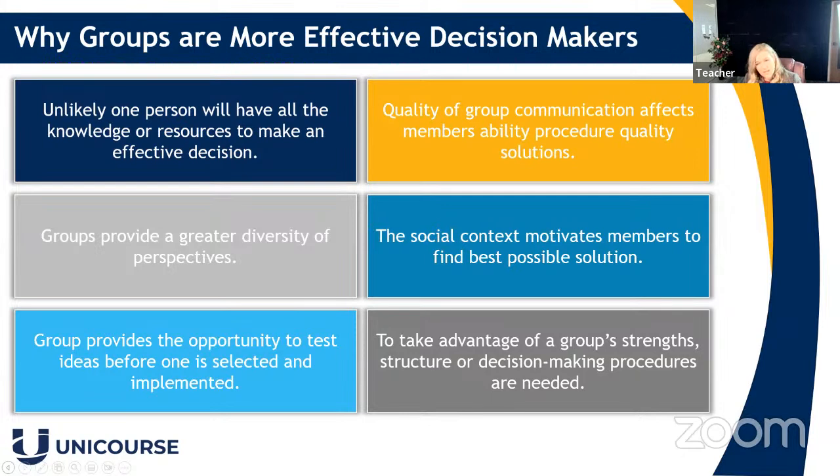It might also be good to take advantage of the group's strengths, and that might allow you to structure the decision making. You might also be able to gain a lot of buy-in from the different people included, if they're going to be affected by the decision that's being made.